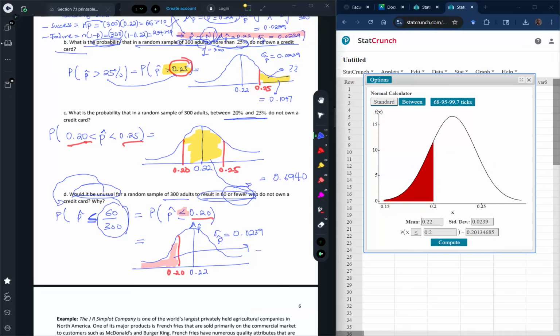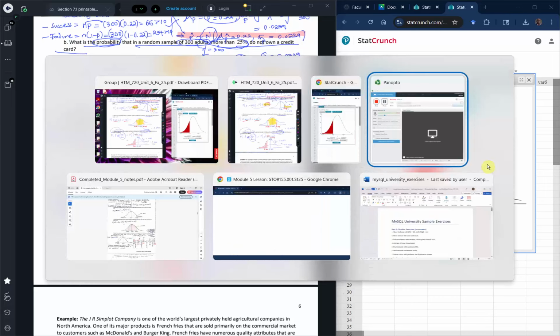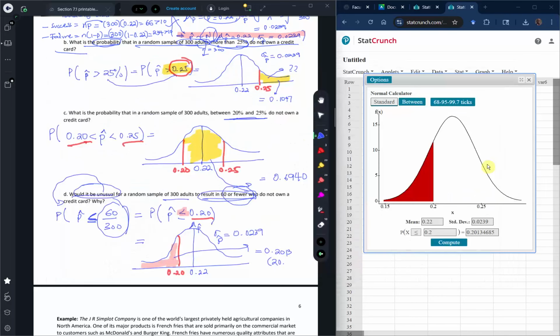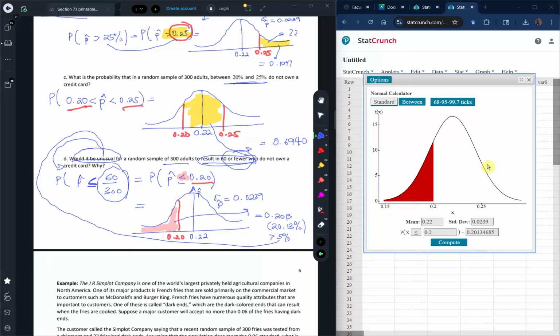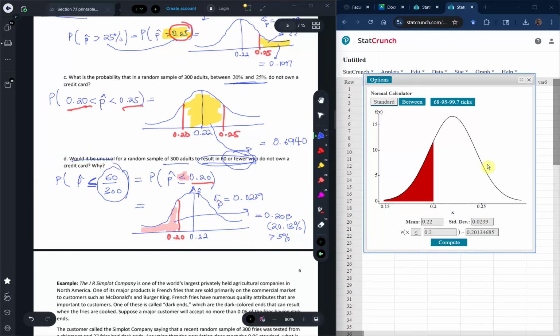The probability here is 0.2013, which represents about 20.13%. This significantly exceeds what? 5%, the threshold for an unusual event. So, would you say it is unusual?